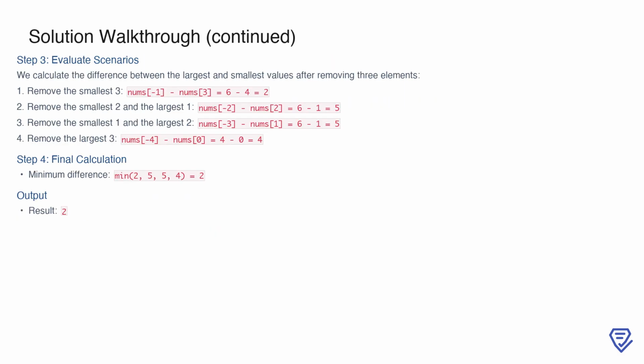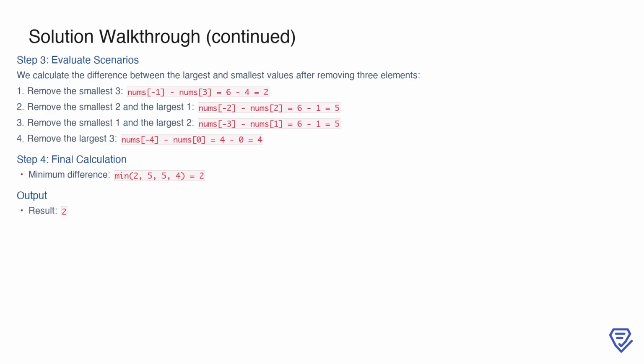Now, we evaluate the possible scenarios for removing exactly 3 elements to minimize the difference between the largest and smallest values. The first scenario is removing the 3 smallest elements, leaving the range between the largest value and the 4th smallest value: nums[-1] - nums[3] equals 6 - 4 equals 2. The second scenario is removing the 2 smallest elements and the largest one, resulting in nums[-2] - nums[2] equals 6 - 1 equals 5.